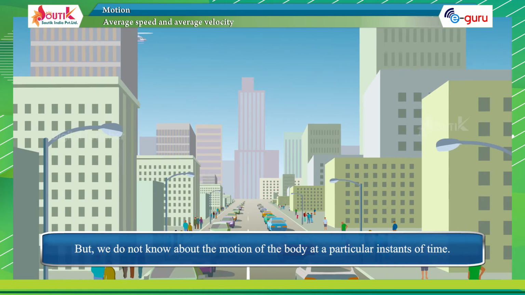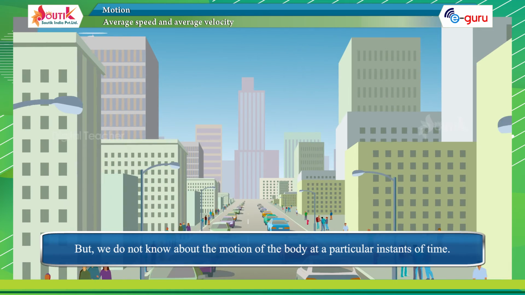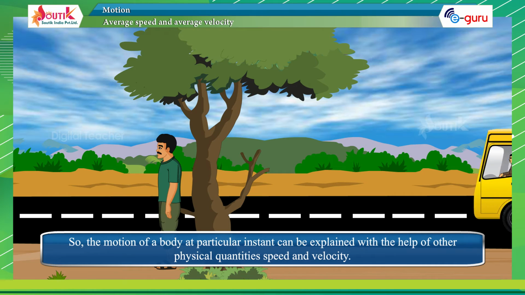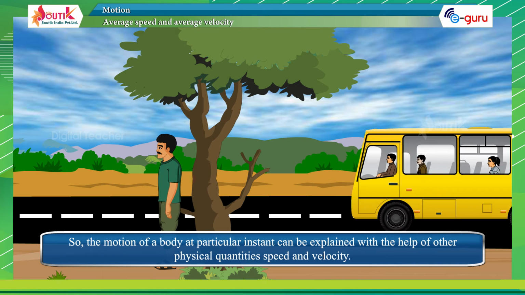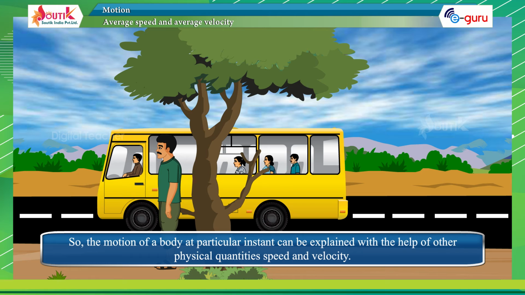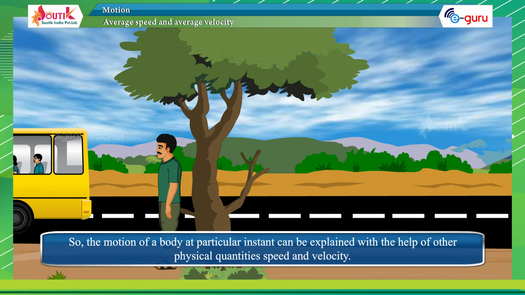But we do not know about the motion of the body at a particular instant of time. So, the motion of a body at a particular instant can be explained with the help of other physical quantities, speed and velocity.